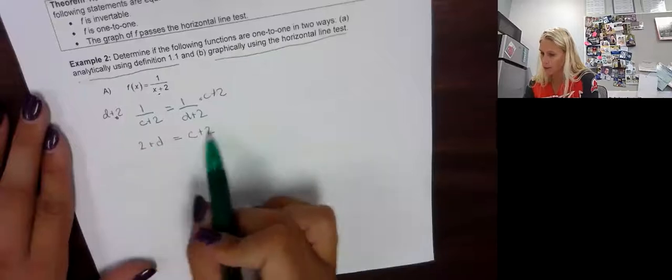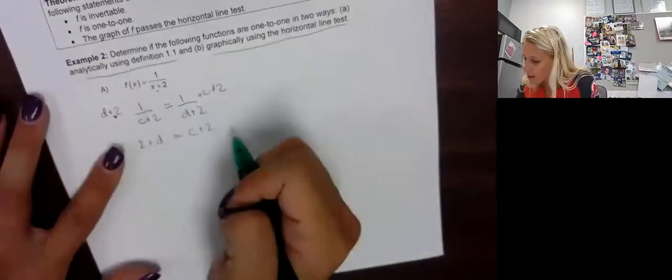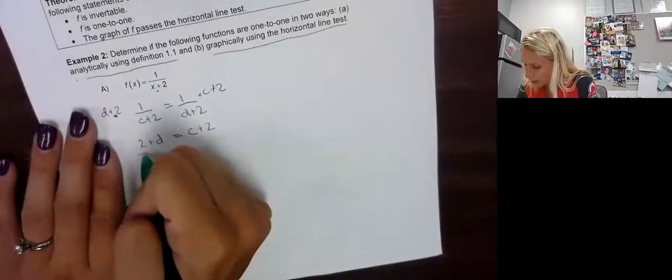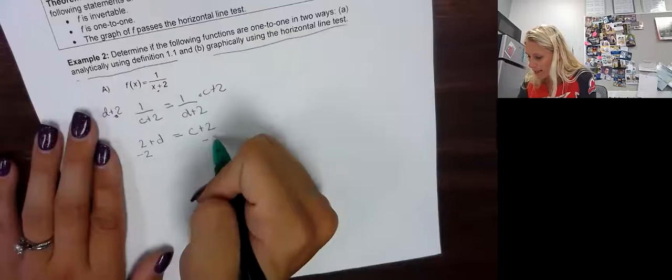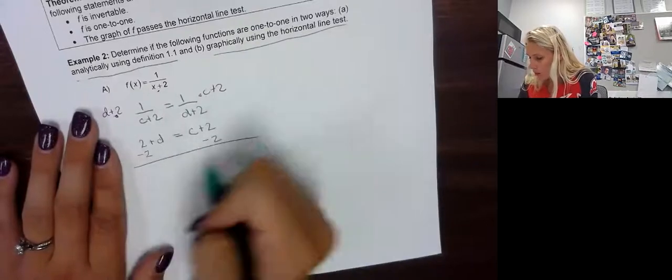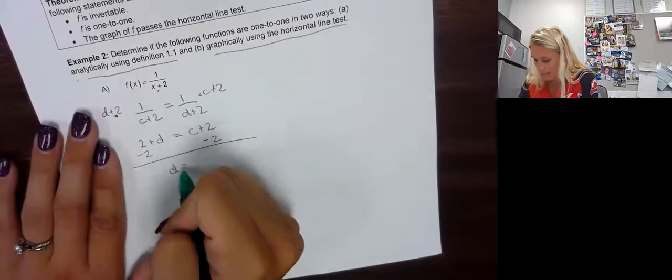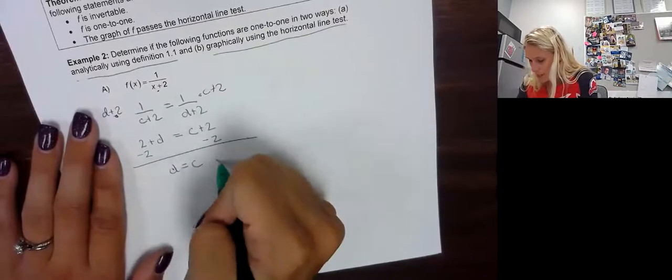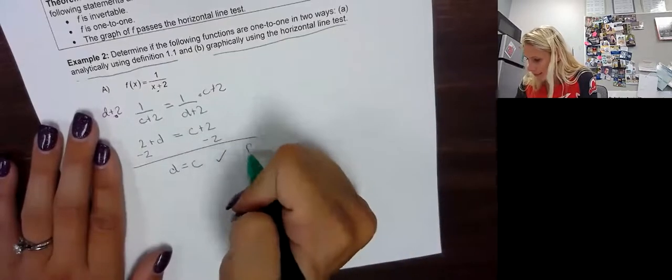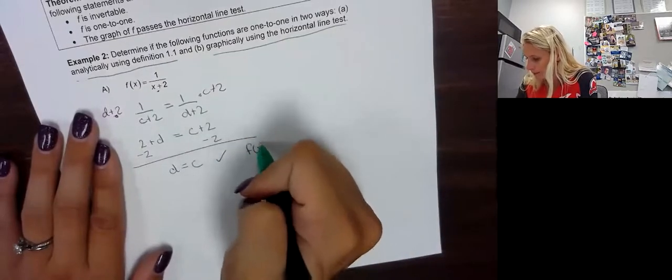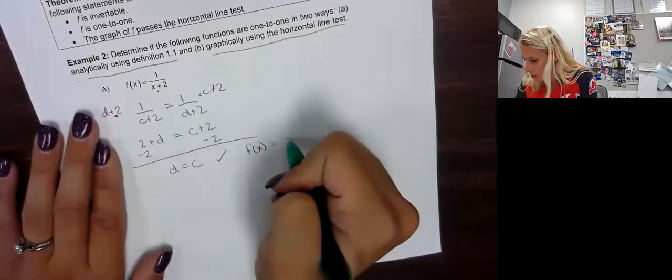Okay, so it's just about the numerators at this point. So if I got rid of the 2 here, I'll subtract 2 from both sides. What do we end up with? We end up with d equals c. So check mark, and that shows us that f of x is a 1-to-1 function.